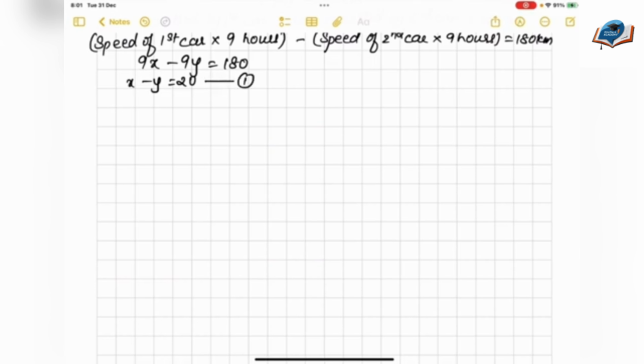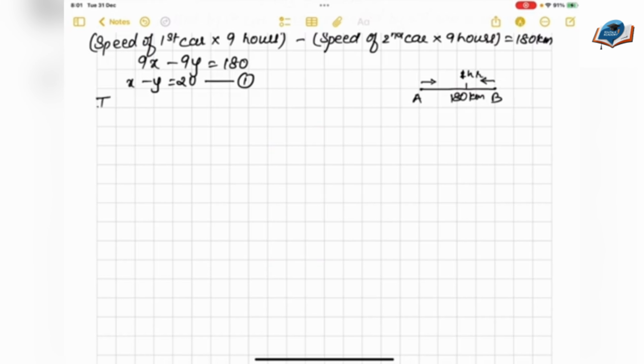Now, the second case is, suppose this is A point and this is B point, and this distance is 180 kilometers, and one car is starting from here, the second in the opposite direction. They are meeting in 1 hour.